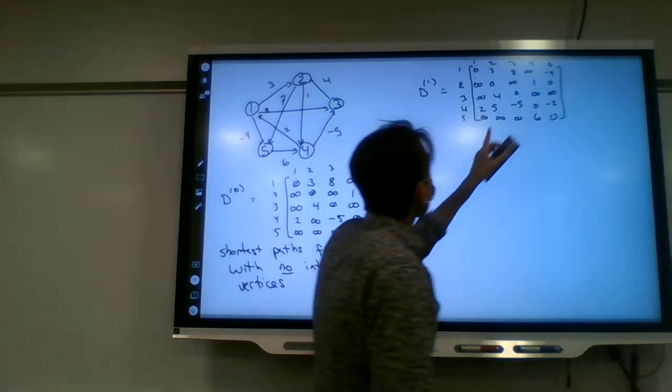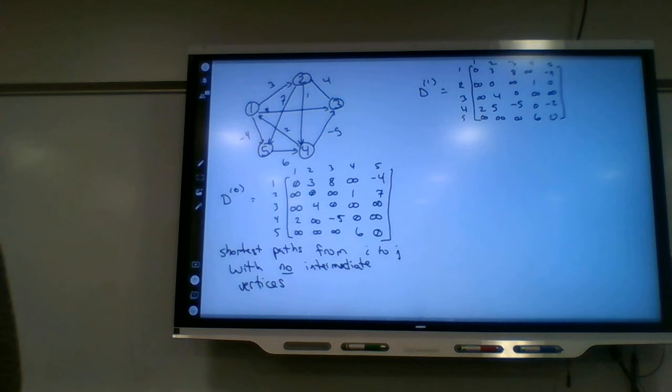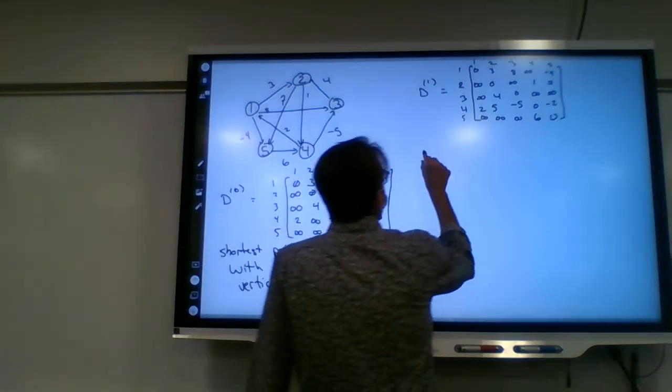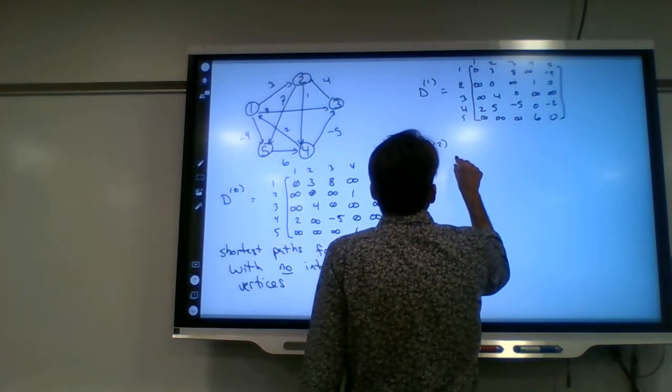So what does this have? This has the shortest paths that start at a vertex and use vertex 1 or not, but don't use any other intermediate vertices. Use 1 or not, but nothing else. So now we're going to do the same thing with 2.